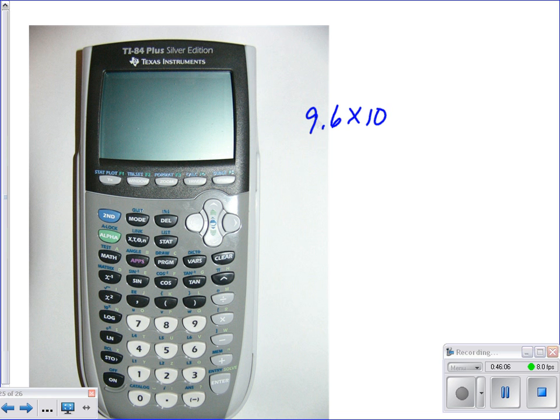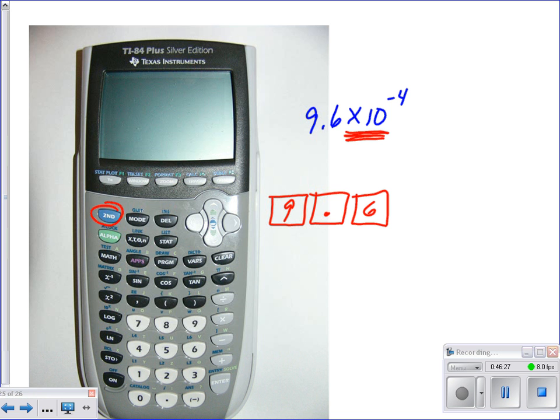9.6 times 10 to the negative fourth, and we take that and we multiply that times something else. When I punch that into my calculator, what I'm going to punch in is the 9 button. Easy enough. The decimal button. The 6 button. Then I'm not ever going to punch in times 10 to the. Instead, I'm going to come over here, hit that second function key.